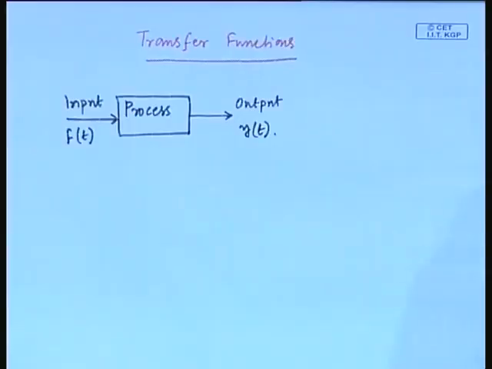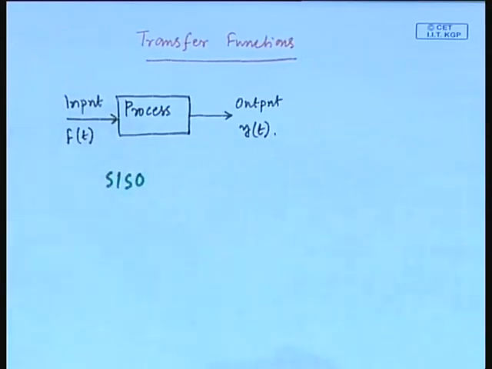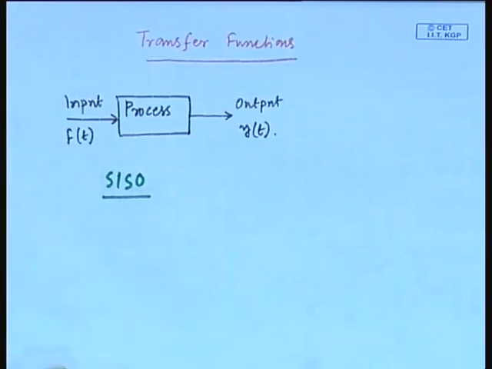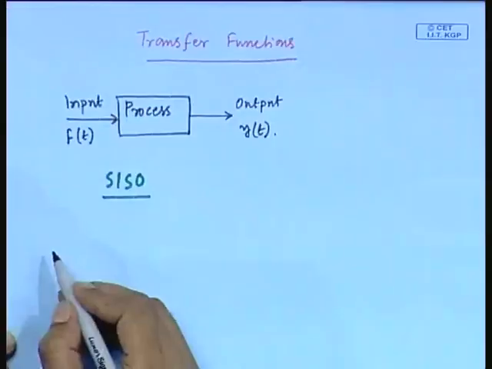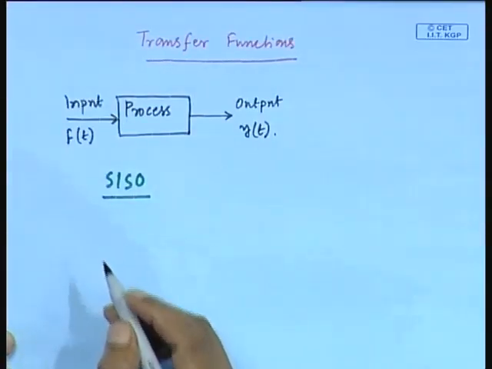Fine. So, we will consider one example first, which is a single input single output system. First we will derive the transfer function for a single input single output system, that is SISO. A single input single output process we can represent by this form, which is definitely linear or linearized version.